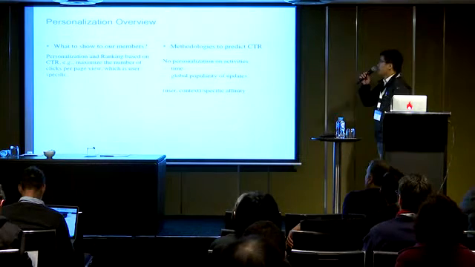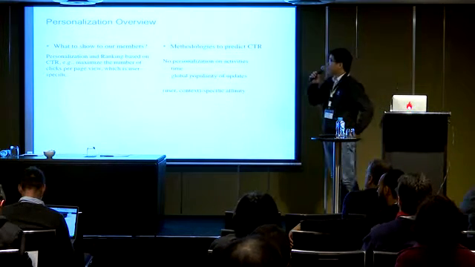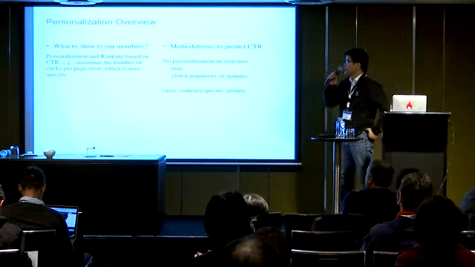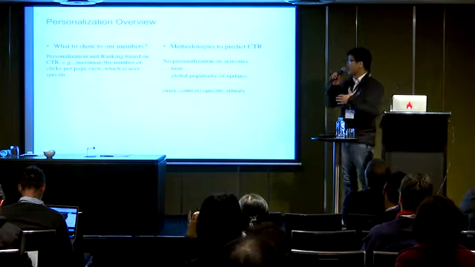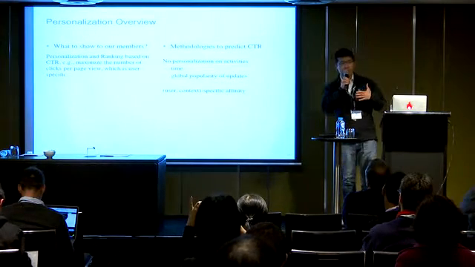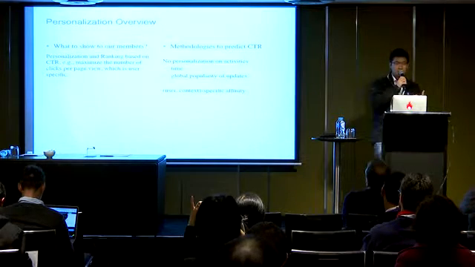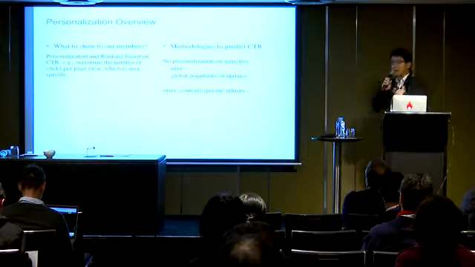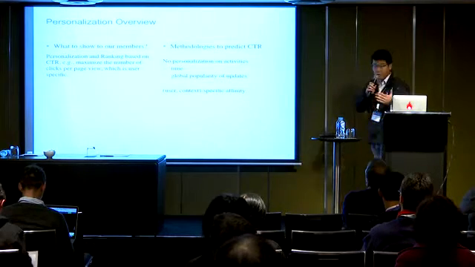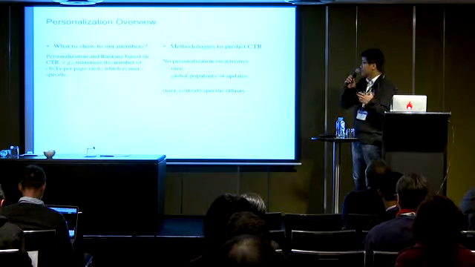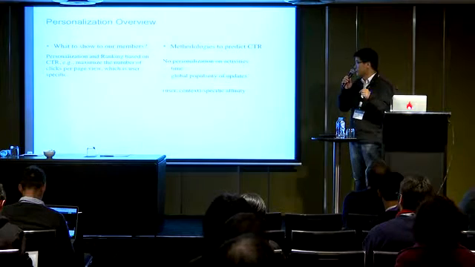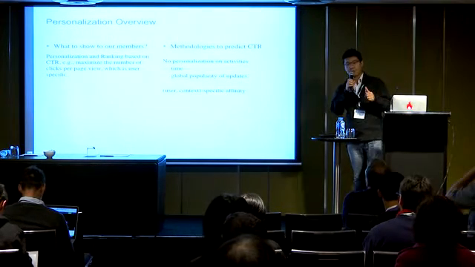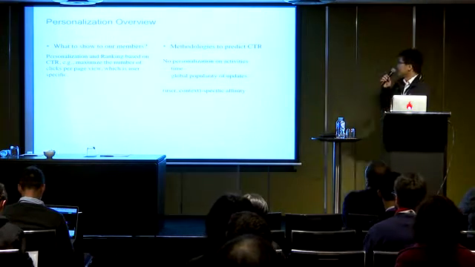So, for an overview of the personalization, we do the personalization and ranking based on CTR, the click through rate. For example, let's say we want to maximize the number of clicks per page view, and since it's per page view, it should be user specific, because different people have different page views.